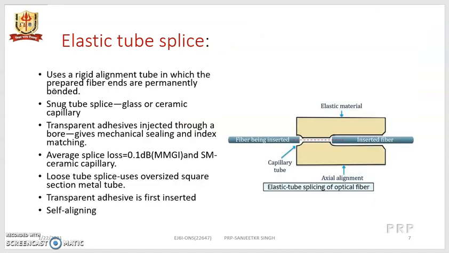Then the elastic tube splice uses a rigid alignment tube in which the prepared fiber ends are permanently bonded.